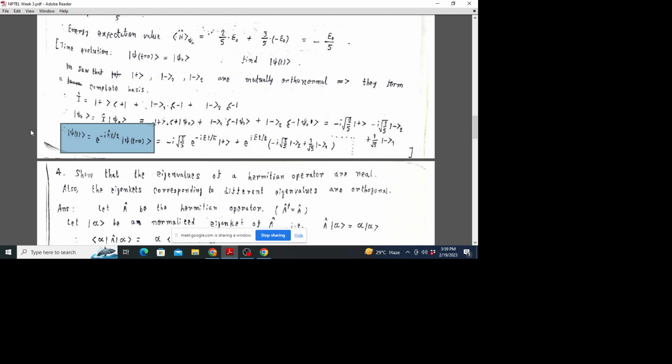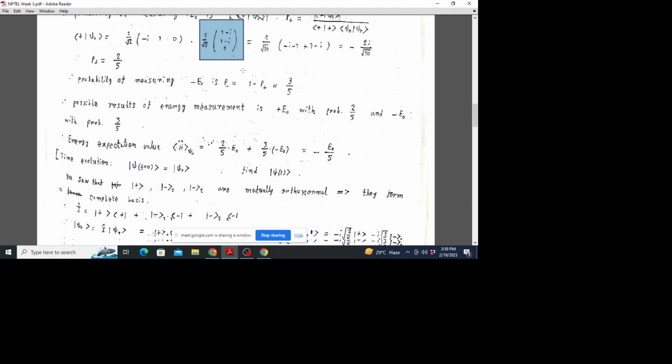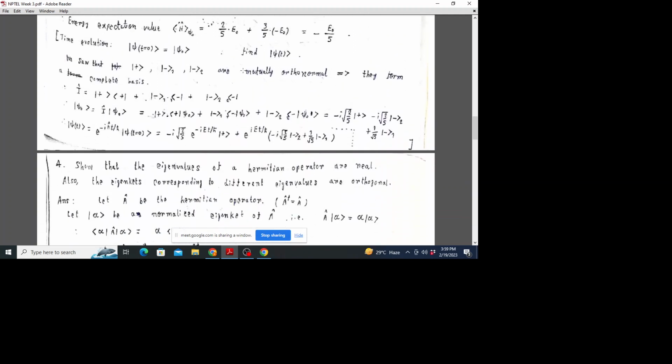So psi at t equal to 0 is given like this, but we saw that this was not an energy eigenstate. So if you try to do matrix multiplication directly, that will be very difficult, because psi at t equal to 0 is not an energy eigenstate.